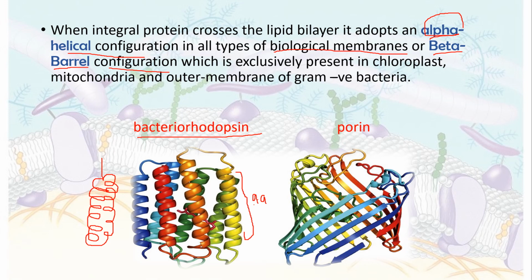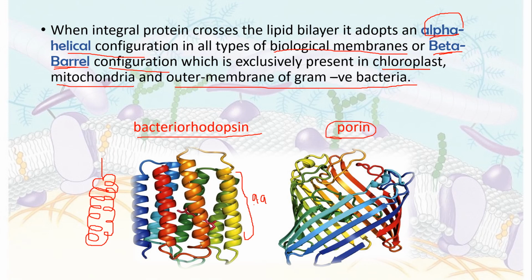Next, the integral proteins can have beta barrel configuration, where the protein occupies beta pleated shapes. It is exclusively present in chloroplast, mitochondria, and the outer membrane of gram-negative bacteria. An example of beta barrel proteins is porins.